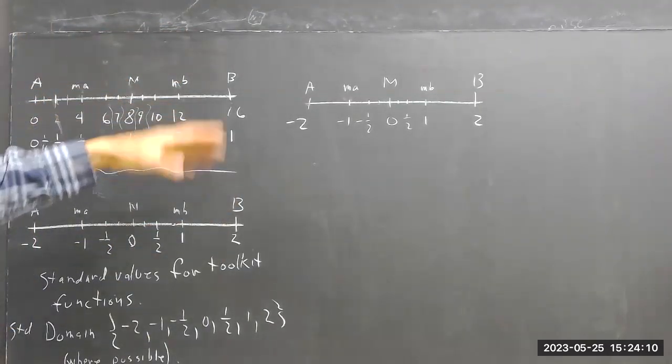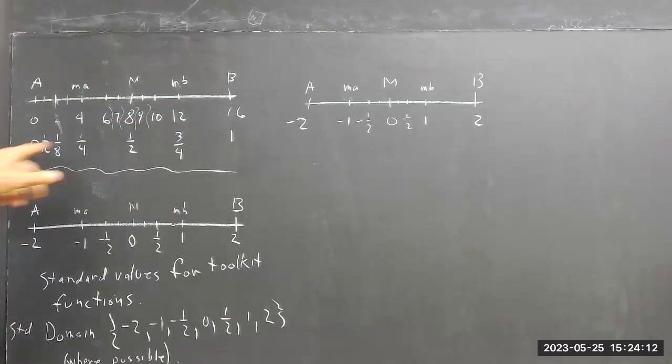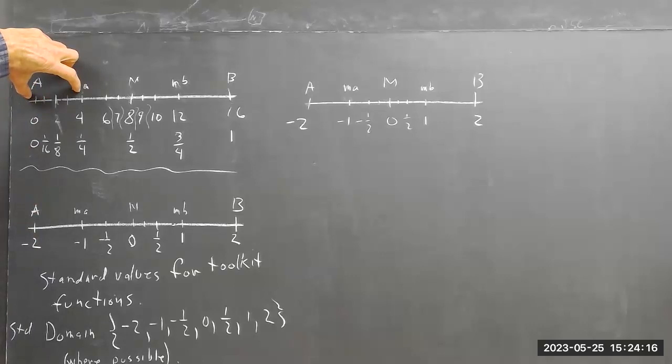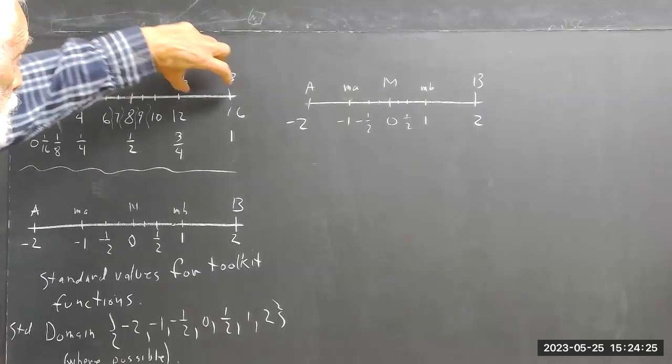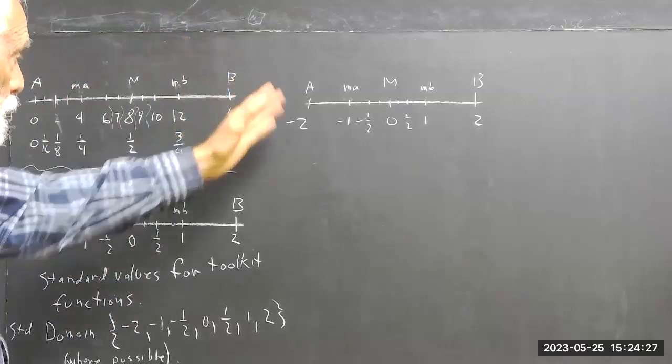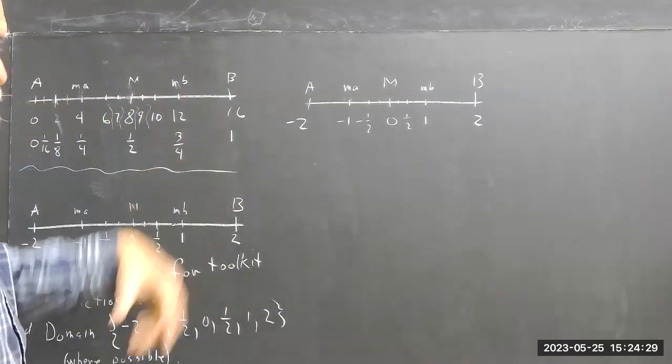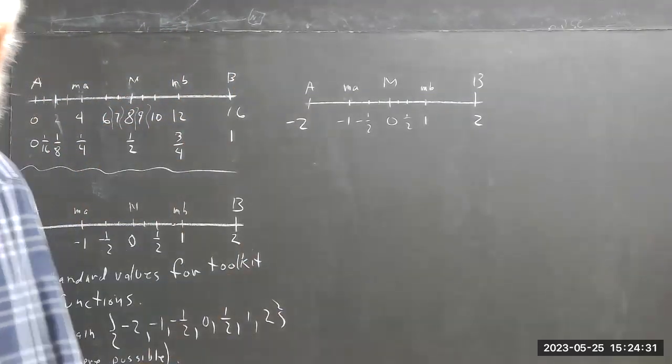You can also divide the interval from 0 to 1. If we divide this last interval into 4 parts, we could have divided the interval from 0 to 16 into 16 equal parts.